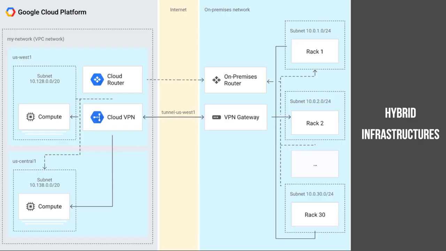It allows you to incorporate both internal on-premise resources and cloud-based resources using tools like Cloud VPN, Cloud Router, API gateways, and interconnect offerings that essentially help you connect internal resources, on the right, with cloud-based resources on the left, as if it were one connected internal infrastructure.